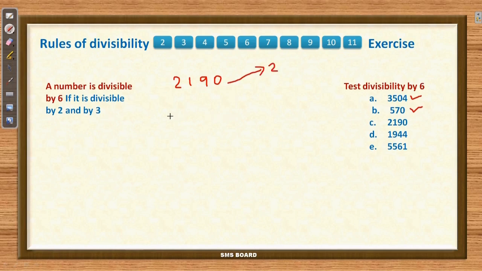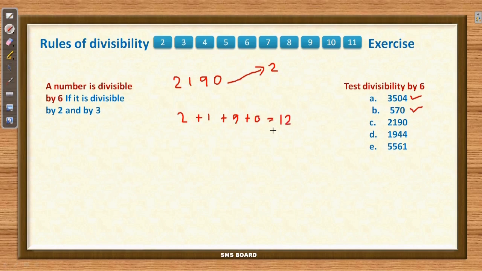Now let us check the divisibility of this number by 3. Here we have to find the sum of the digits: 2 plus 1 plus 9 plus 0 is equal to 12.